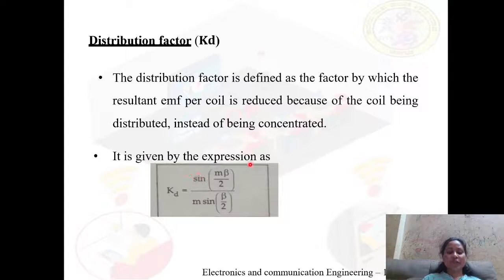Okay, so we can express the distribution factor as Kd, which is sine of m beta by 2 whole divided by m into sine of beta by 2, where m represents the number of conductors per slot per pole per phase, and beta is the angle made by a single slot.